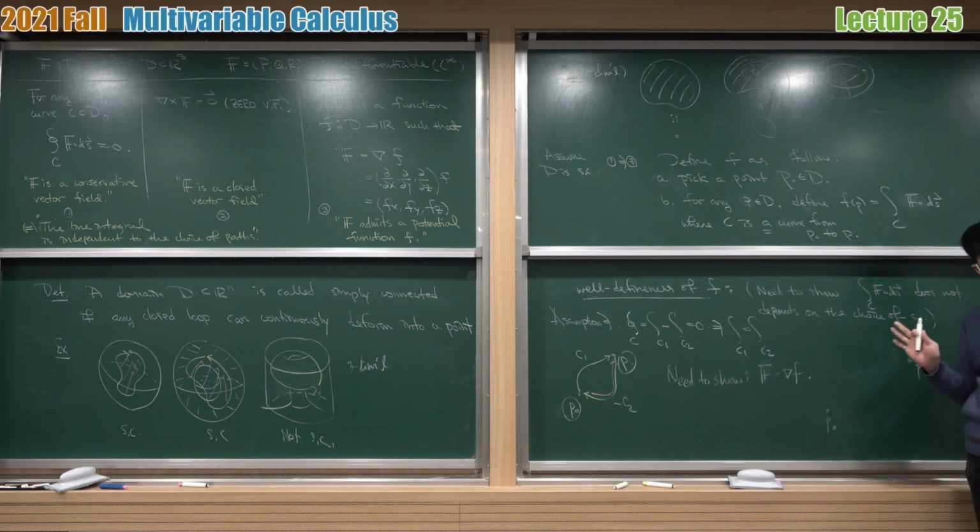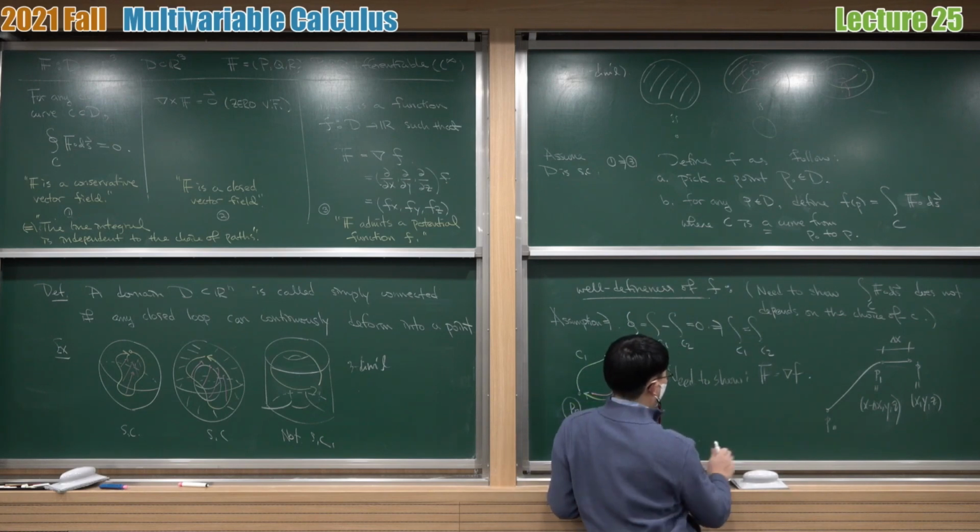It doesn't depend on the path, so I'm going to make a path from p0 to p, where at the end I take a straight line parallel to the x-axis, from p1 to p. If p is x, y, z, then p1 is x minus delta x, y, z. So this is delta x. Let's assume this is my path.